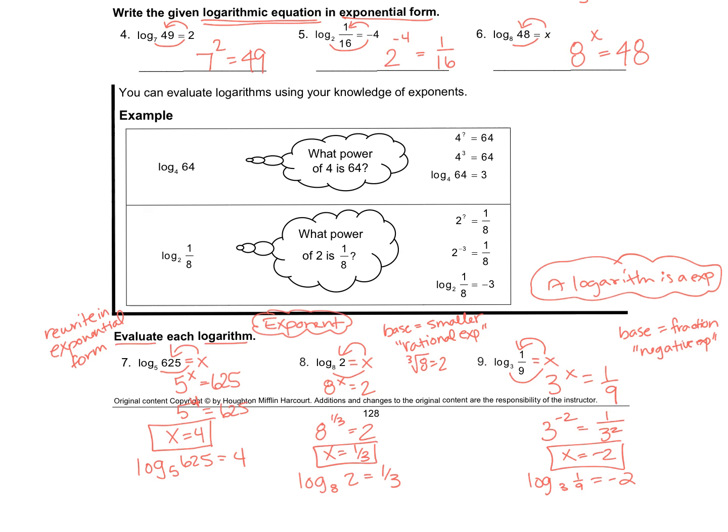So let's take a look at some additional examples. If you have the packet from class, you have a blank page at this point. So let's look at some of these different cases. First of all, let's write down 4 examples. Example 1, log base 2 of 8 equals x. Example 2, log base 8 of 2 equals x.